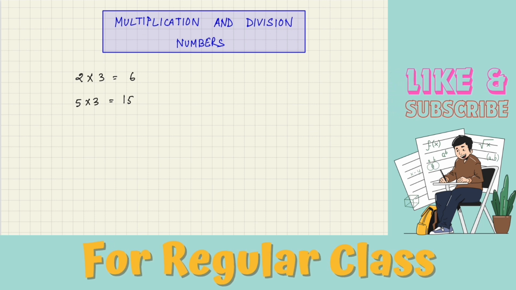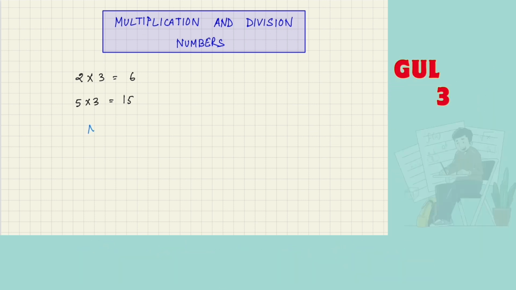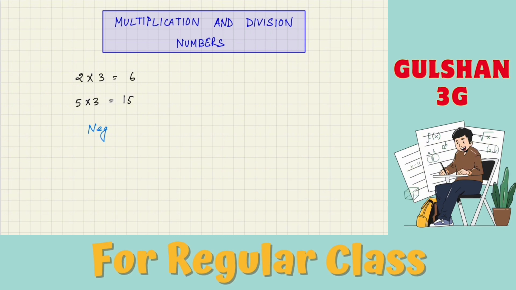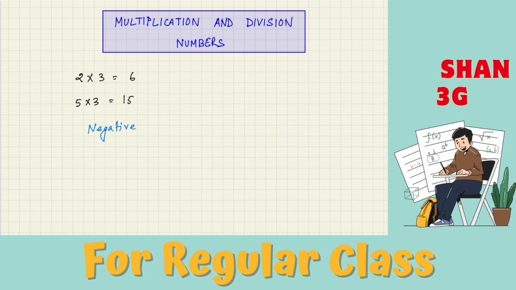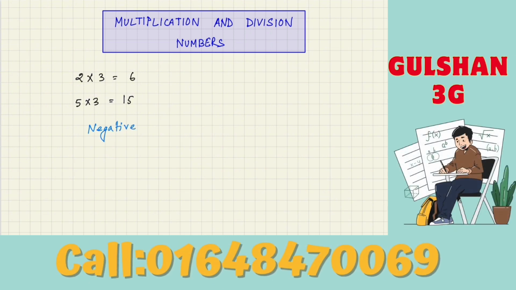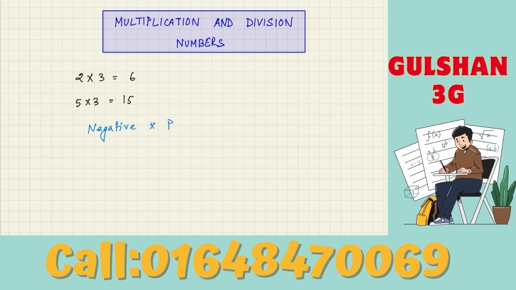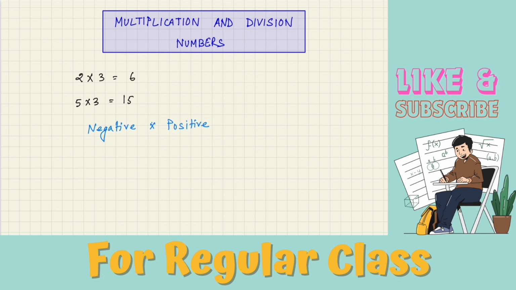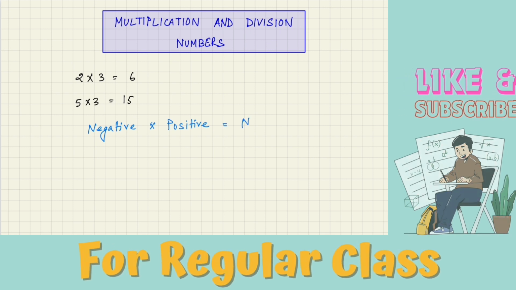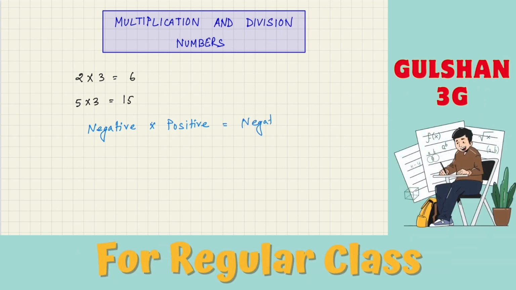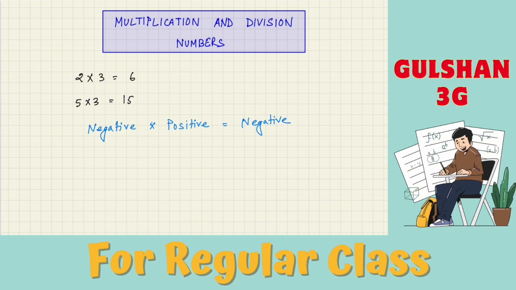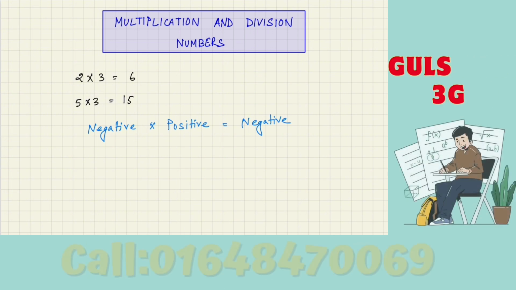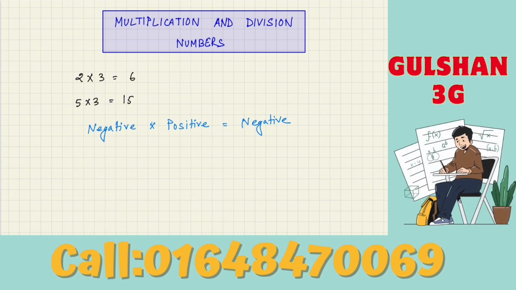If we multiply one negative number with a positive number, the result will always be negative. Let's see some examples.